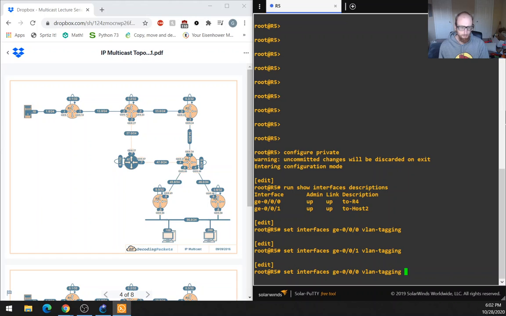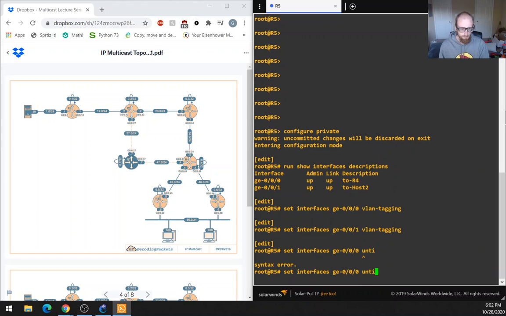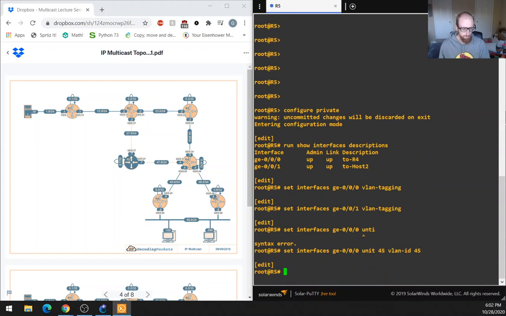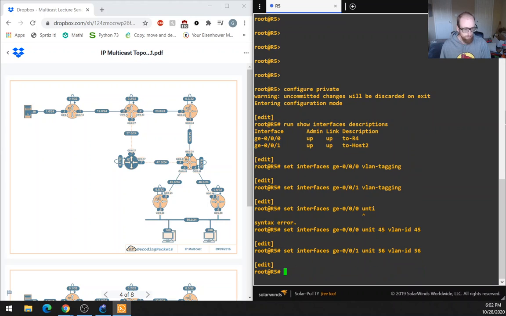Okay, so back to, we've got unit 45, VLAN ID 45. Okay, and then we've got unit 50, is that 55 or 56? Oh, it's going to be 56. Perfect. Oh, nope, we're missing the IP addresses.